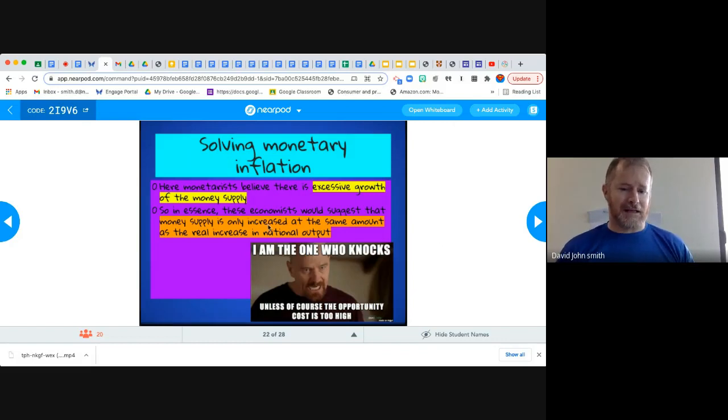So if that's the case, then what we should be thinking about is increasing the money supply potentially, but only increasing it at the same amount as the real increase in national output, right?